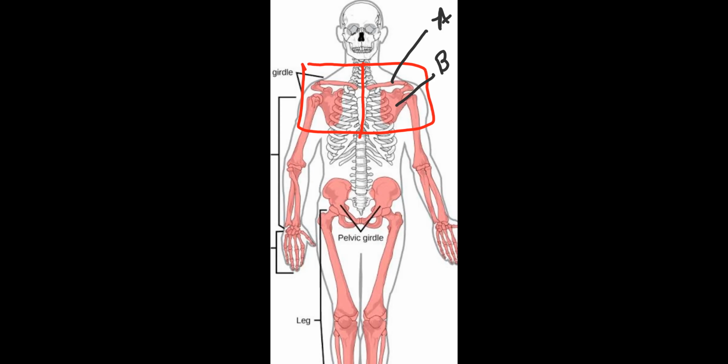And what's the shape of the clavicle bones? Long, slender, with two curvatures, isn't it? What is another name of these bones? Archie, very fast.